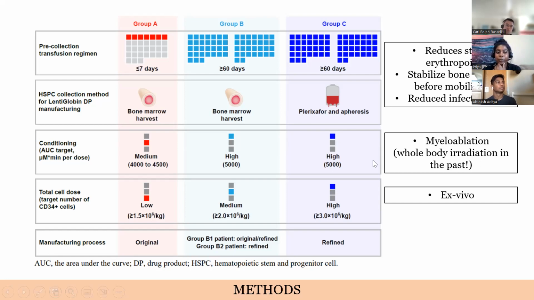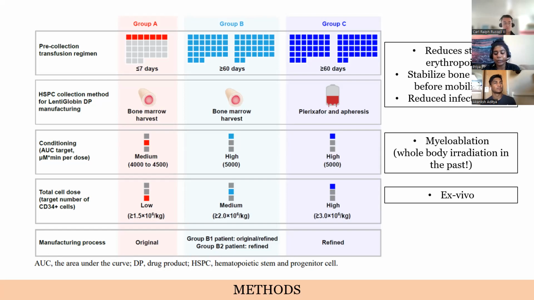And they also do some conditioning. This is important because essentially you need to make some space for the new cells that you're going to give the patient so those cells can engraft. So they do myeloablation, which is less severe than what you would do for cancer, like irradiation or chemotherapy.